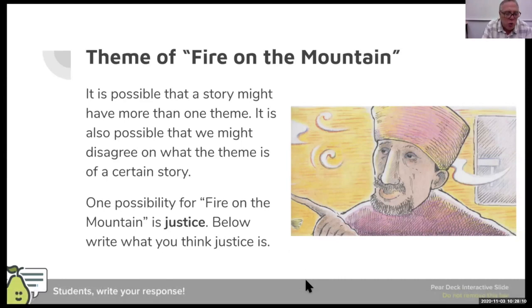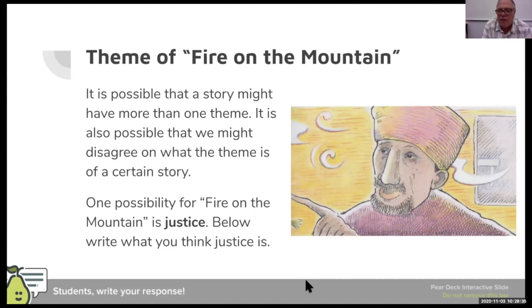Okay, and again, I'll give you 1 minute. What is justice? Justice is a word that's very, very popular right now. It's a word that's very, very important.